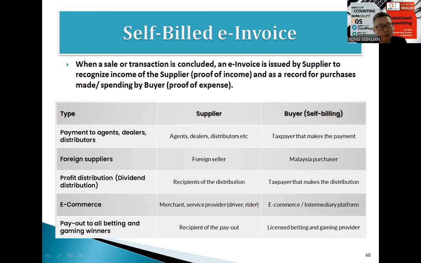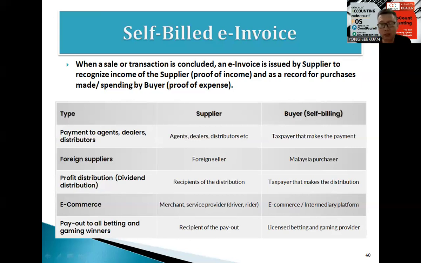Then there is profit distribution, like dividend or payout. Not many people are asking about this now, but you can recall it. About e-commerce, this one is for the buyer on an e-commerce platform like Shopee or Lazada. The buyer needs to self-bill the supplier. Another is the driver or rider, like Grab car. Let's say 20% goes to Grab and 80% to the driver.